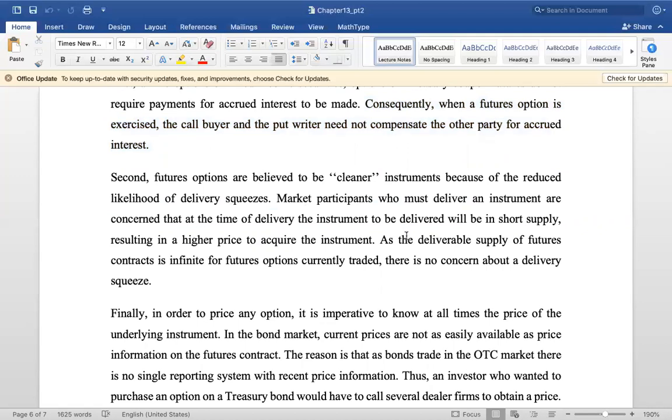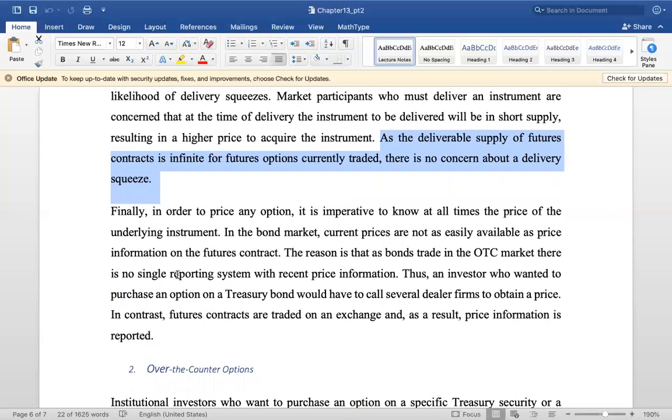Market participants who must deliver an instrument are concerned that at the time of the delivery, the instrument to be delivered will be in short supply, resulting in a higher price to acquire the instrument.